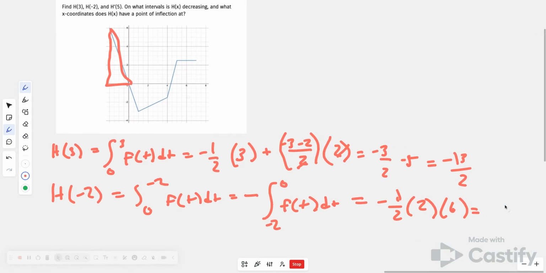So -1/2 base times height would be equal to -6 for h of -2.